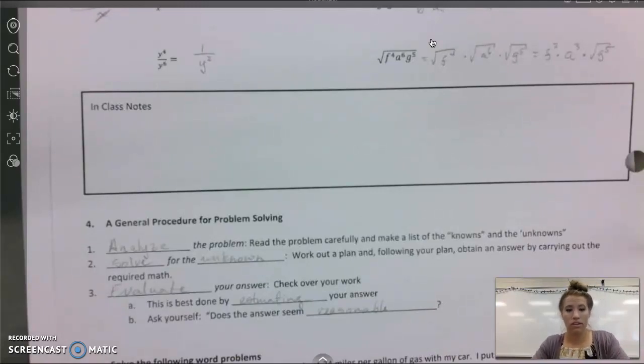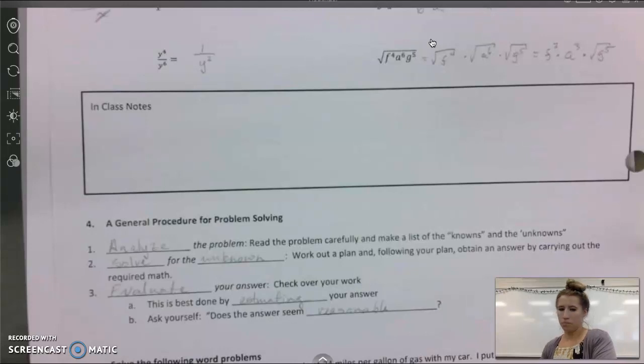And then the second thing is to solve for that unknown value that you're looking for. And so make a plan to do that and follow through. It's probably a manipulation of some kind of equation usually. And then evaluate your answer. Say, does this sound reasonable to me? Okay? And then the best way to do this is to kind of estimate what that value might be and see if your value is close to it.